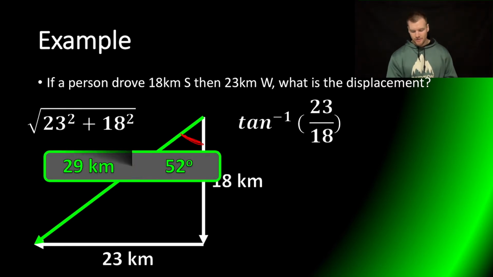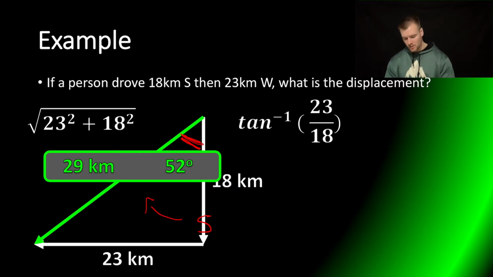So our final answer is 29 kilometers at 52 degrees. I also have to say what of what. This is south, that directly down arrow, and this is the angle I'm looking at, and we are west of south. So I should put that in there as well. Sorry, the writing's a bit bad. West of south should be on the end of the answer.